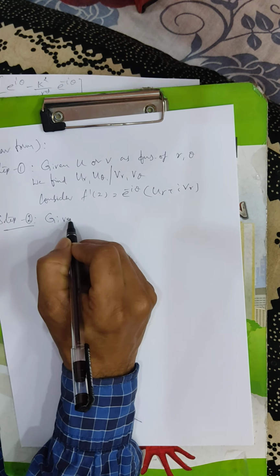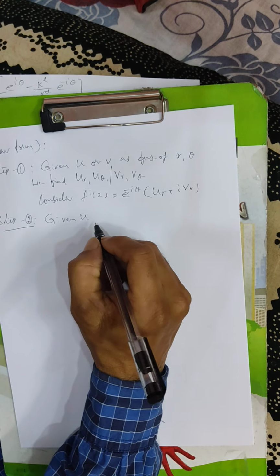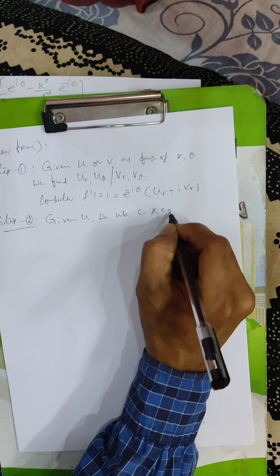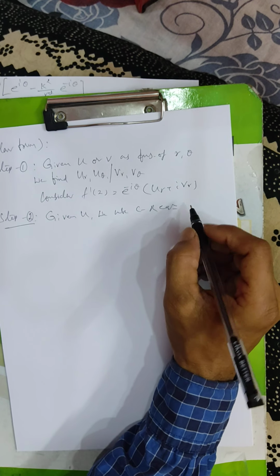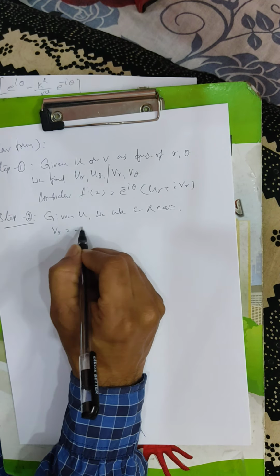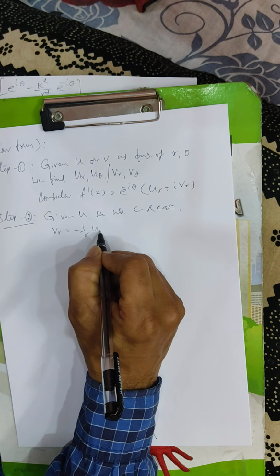Next, step 2. Given u, we use a CR equation. Which CR equation do we write? vr is equal to minus 1 by r u theta.